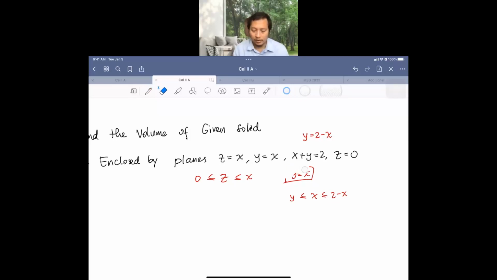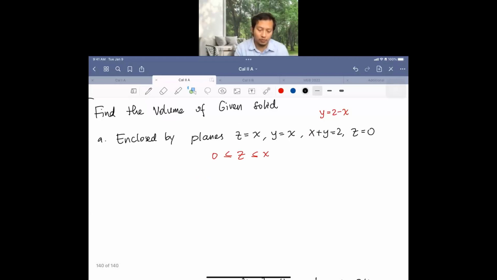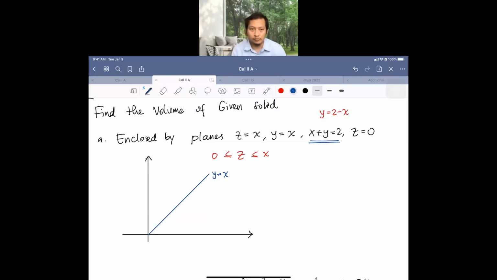Or I think we can just directly draw in our xy axis, if you want to avoid any mistake from some assumption. So we could just draw the x and y. First we draw y equals x, and then draw x plus y equals 2.